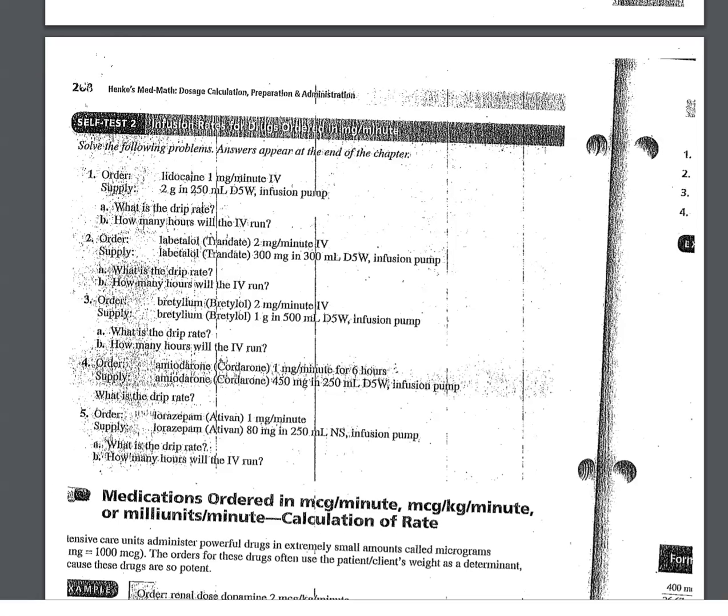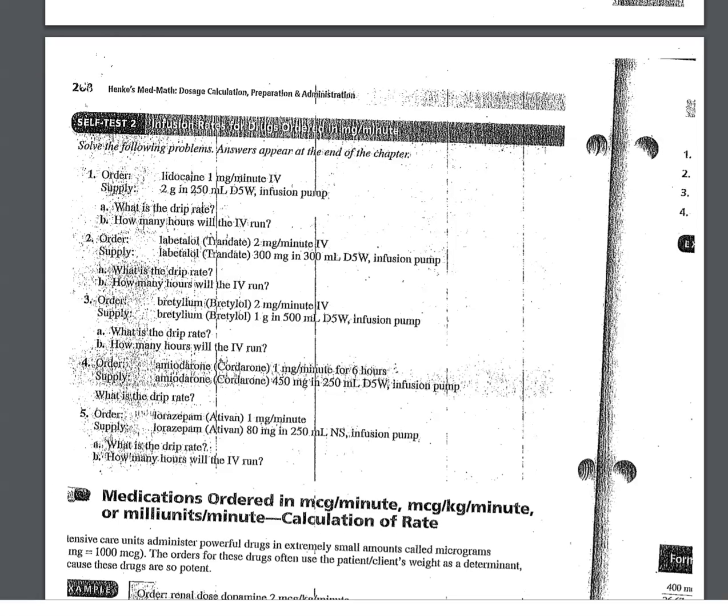So let's see what else we got. Then number 2, labetalol, 2 milligrams per minute IV, and then they sent you labetalol 300 milligrams in 300 mLs of D5W for an infusion pump.